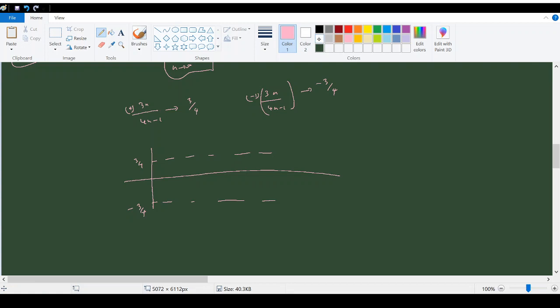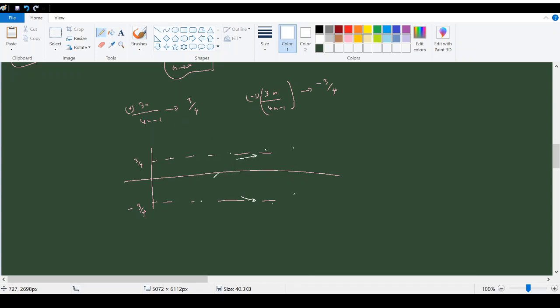So it will oscillate between plus and minus 3 over 4, and this sequence tries to converge to both this one as well as to negative 3 over 4.